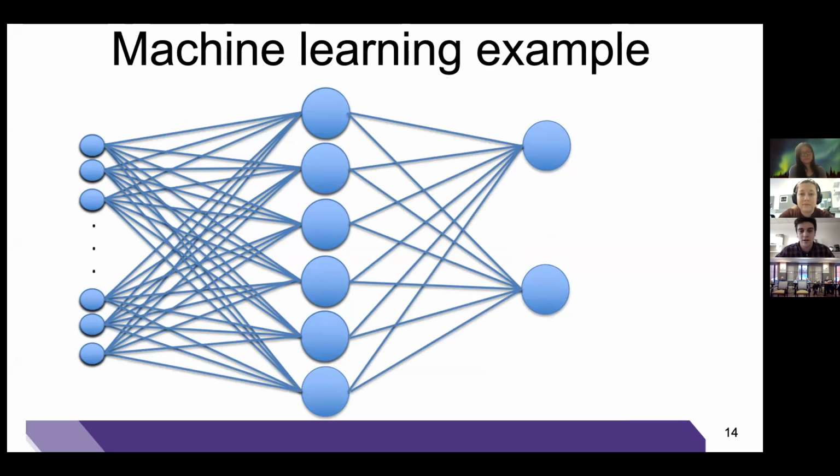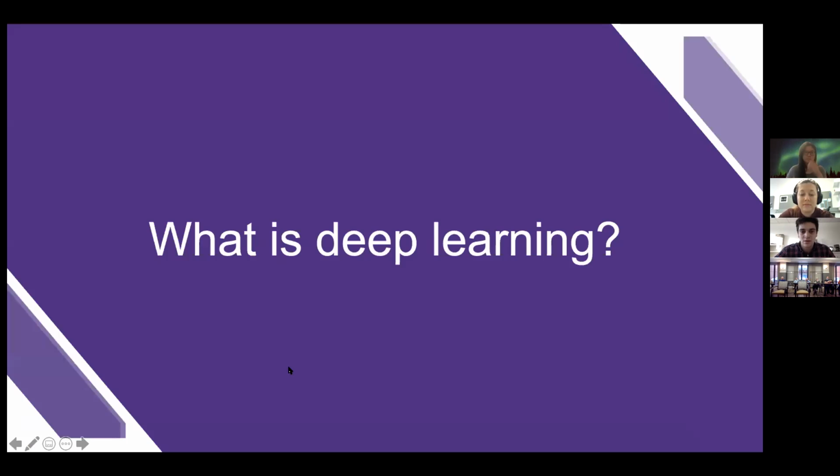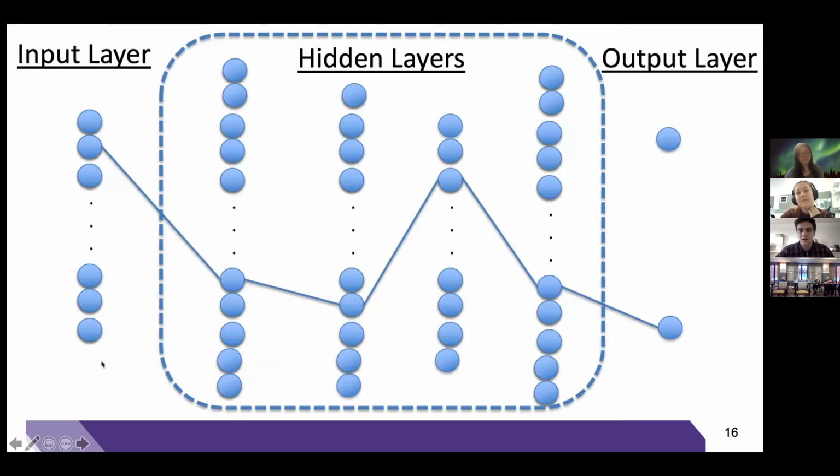And actually, one of the ways that these algorithms can get better is through deep learning, which is really the same thing, except instead of having a single layer of neurons like we had before, where each neuron is a feature that the programmer has to input, you've now got these sets of hidden layers.